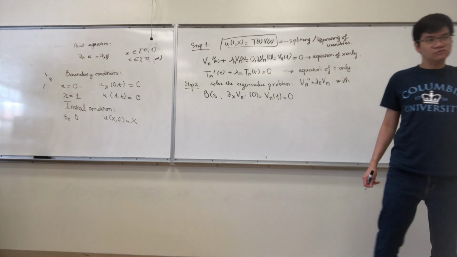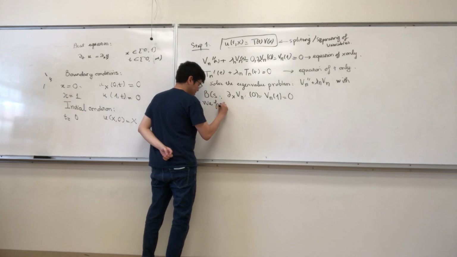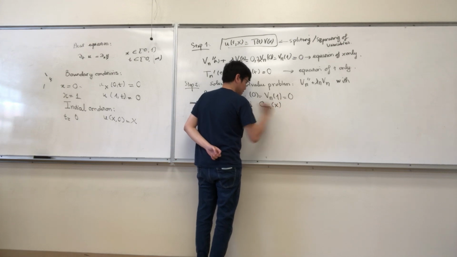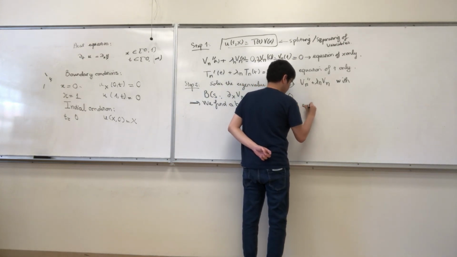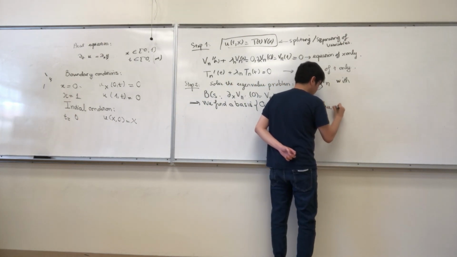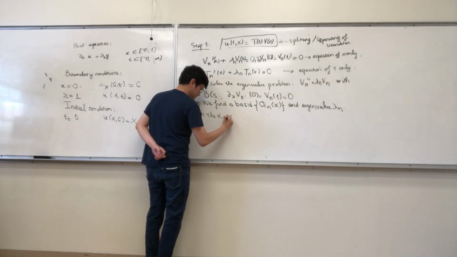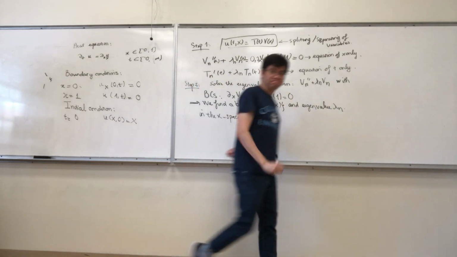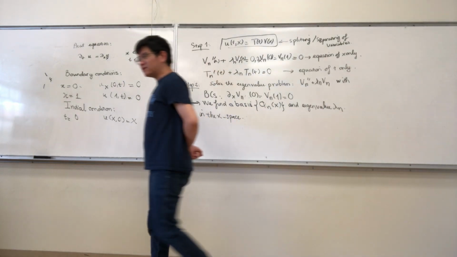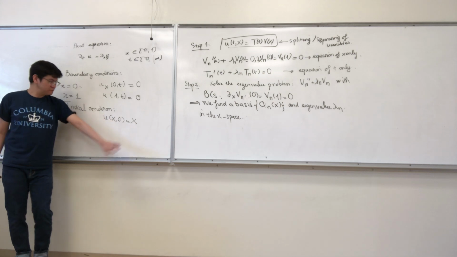When you solve the eigenvalue problem, you're going to find a basis Vn and eigenvalues lambda n in the x space. Alright? So in the second step, you're going to have to solve this eigenvalue problem to find a basis in x space. Right? It's clear?